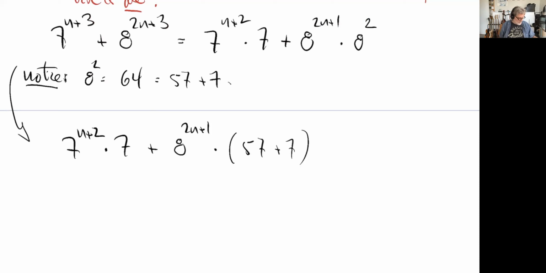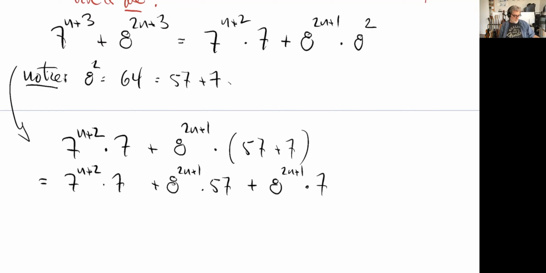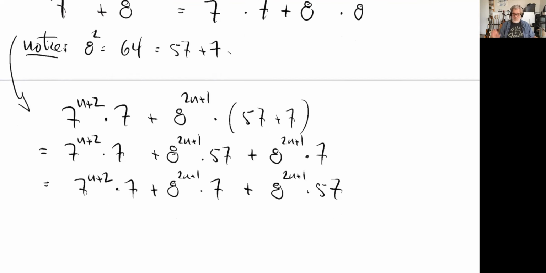Okay, so if you look at this thing, you'll see that you can rewrite it in the right way, because this is 7 to the n plus 2 times 7 plus 8 to the 2n plus 1 times 57 plus 8 to the 2n plus 1 times 7, right? I'll just reorder them. So this is 7 to the n plus 2 times 7 plus 8 to the 2n plus 1 times 7 plus 8 to the 2n plus 1 times 57. I just flip those two terms, right?